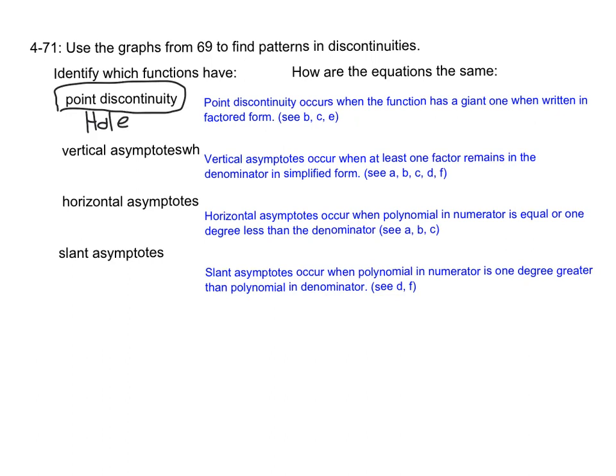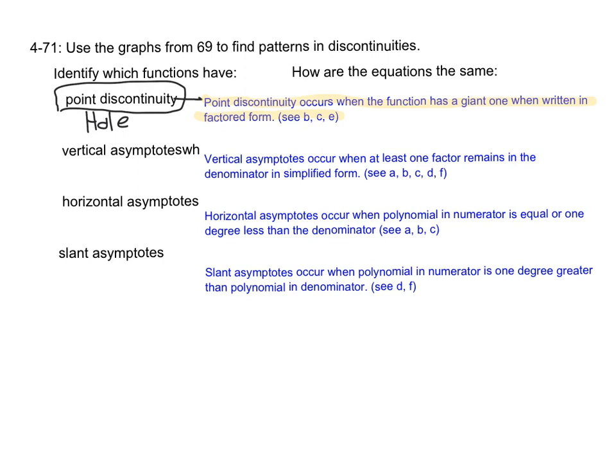And that point discontinuity occurs when the function has a common factor when written in factored form, so that that factor reduces. That can be seen in B, C, and E from problem 69.